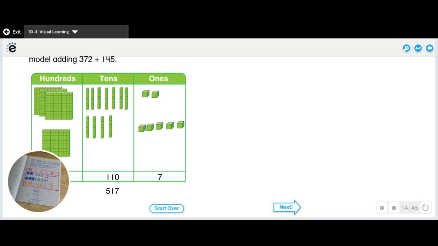So if we were to write an equation using the partial sums, we would have 400 plus 110 plus 7, which would give us a total sum of 517.